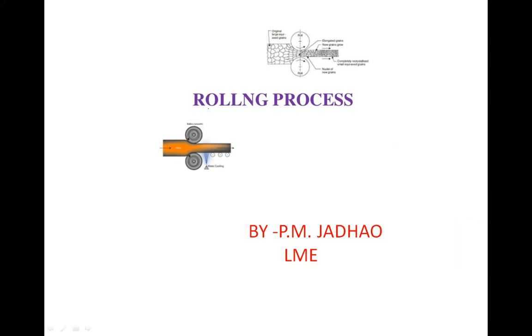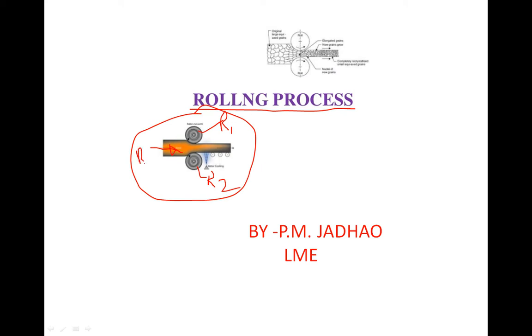So this rolling process, if you look at this diagram, there are two rollers. This is roller number 1 and this is roller number 2, R2. This is the workpiece or billet. This billet is fed in between these two rollers.